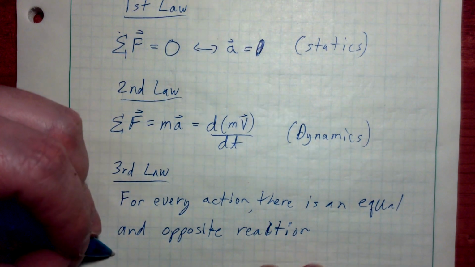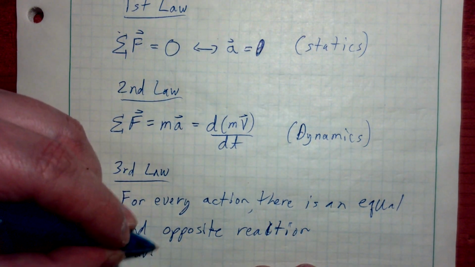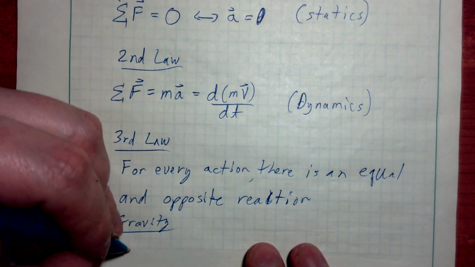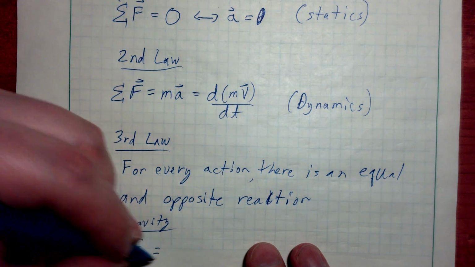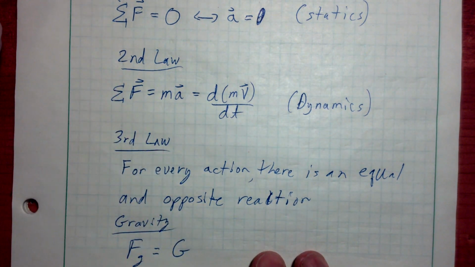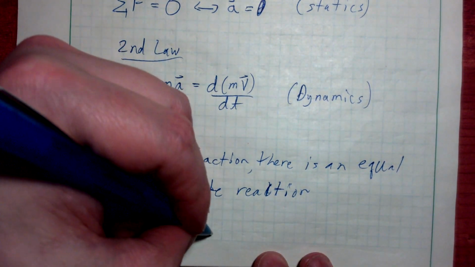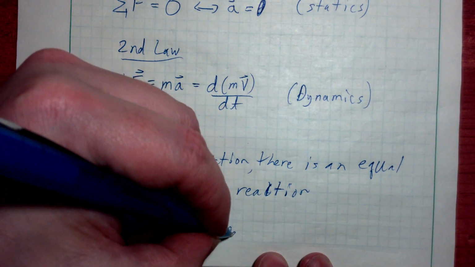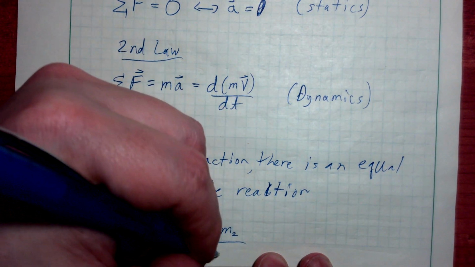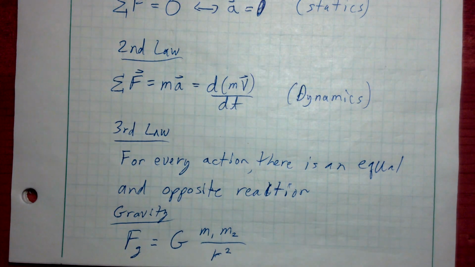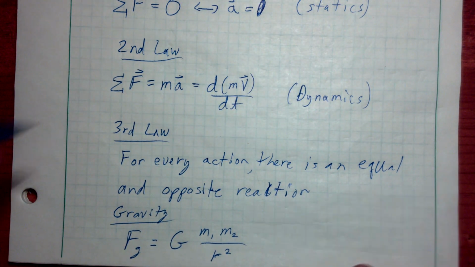There is Newton's law of gravitation, which essentially says that the force of gravity is proportional to a gravitational constant, capital G, the product of two masses, and the square of the distance separating the two.